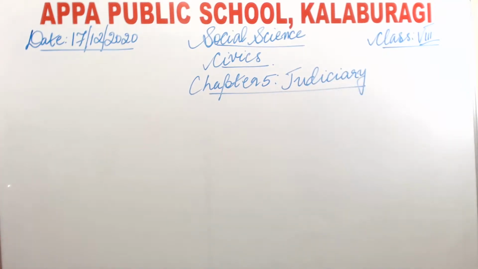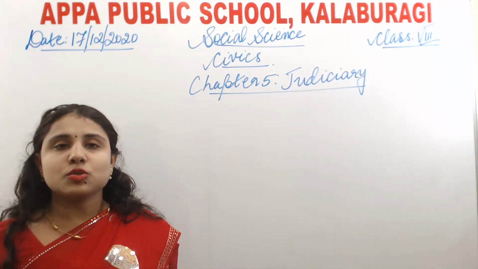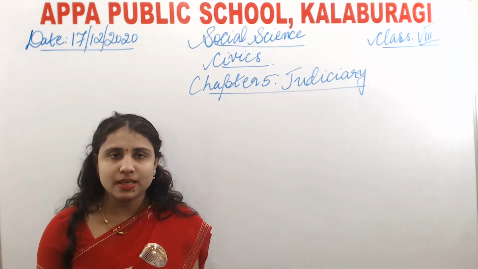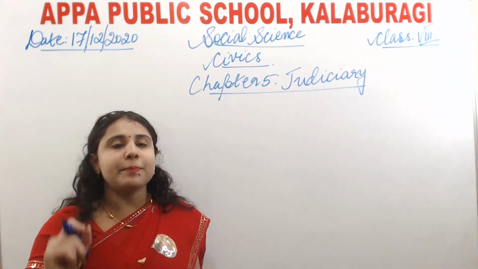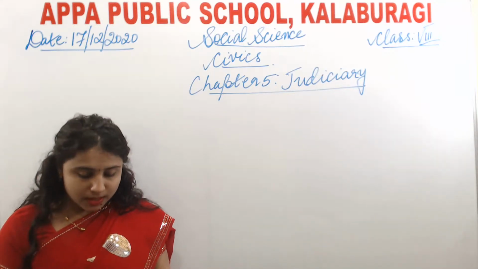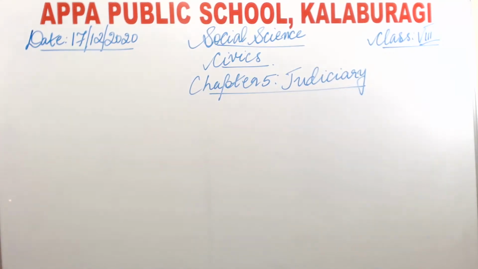So in yesterday's class, what did we discuss? First, we discussed the structure of courts in India. At the apex, the topmost court, which is the topmost court? Supreme Court of India. It is the apex court.